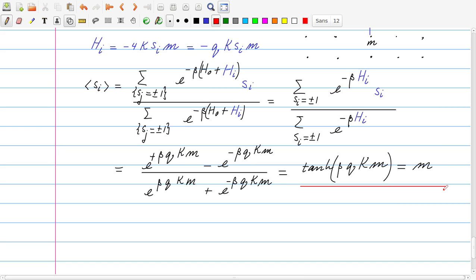And this way of finding the self-consistency equation can easily be transferred to other models, so models on different lattices or with different spin values. And that concludes the discussion of the Ising model.